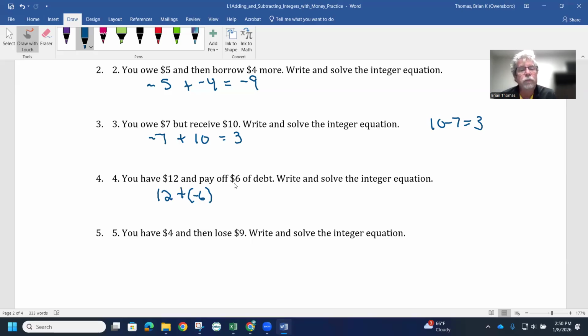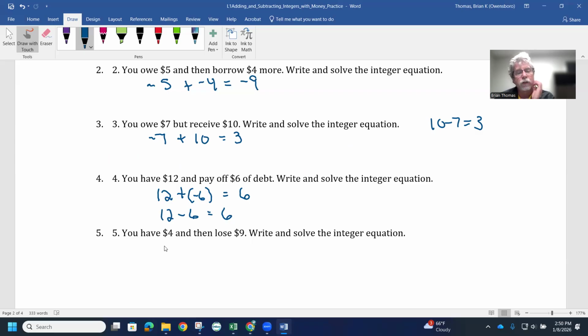So I have $12, but if I pay off a $6 debt, that means I'm going to be removing $6 from my $12. So that means I should have $6 left over. So that statement should be correct. Or you could have said 12 minus 6 would give me 6 as well. So there could be a couple of different ways you wrote that. So notice how there's more than one way to write these, as long as the meaning is there.